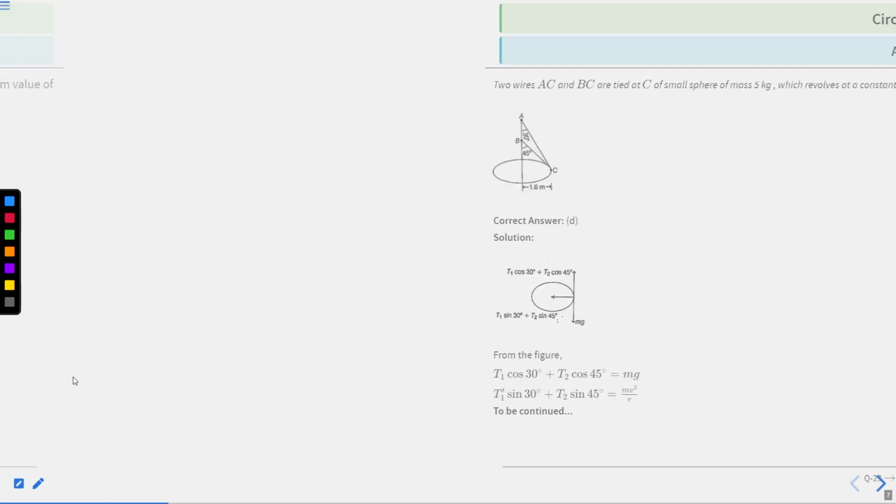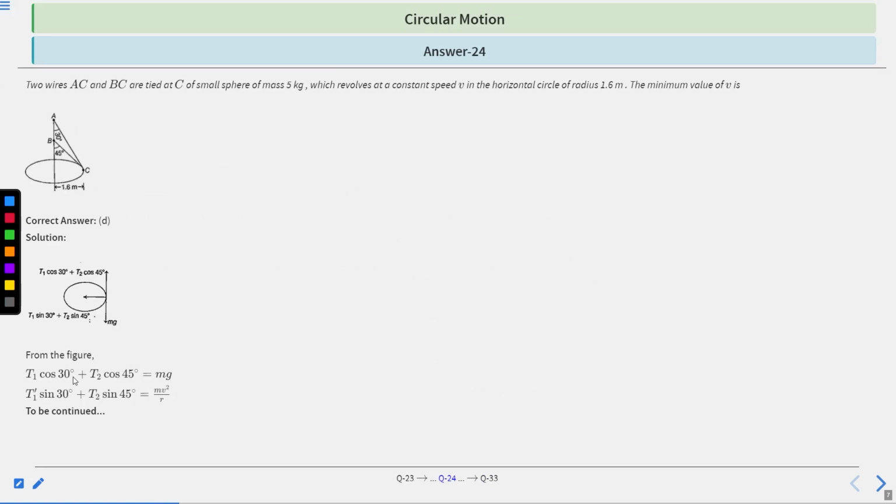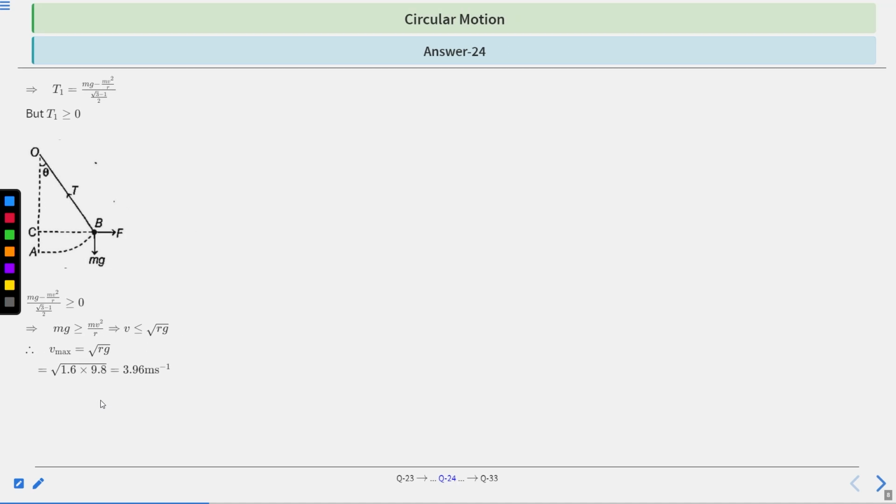Let's find the solution. So, from the figure: T1 cos 30 degree plus T2 cos 45 degree equals mg, and T1 sin 30 degree plus T2 sin 45 degree equals mv square by r. Clear? So T1 equals (mg minus mv square by r) divided by (root 3 by 2 minus 1 by root 2). So this is the T1.